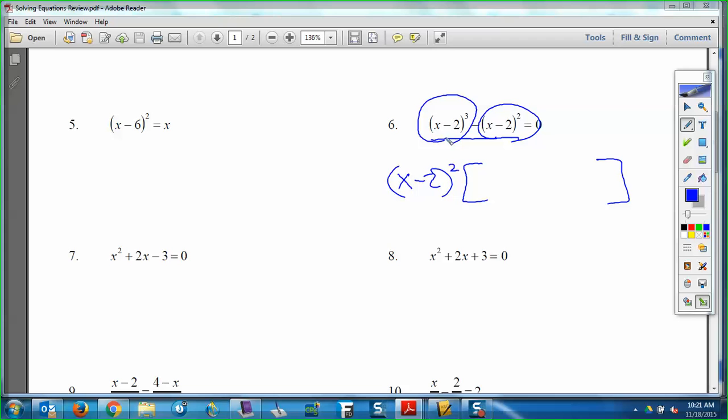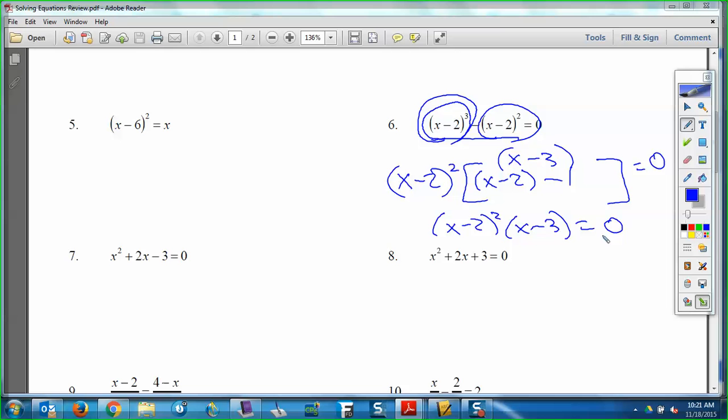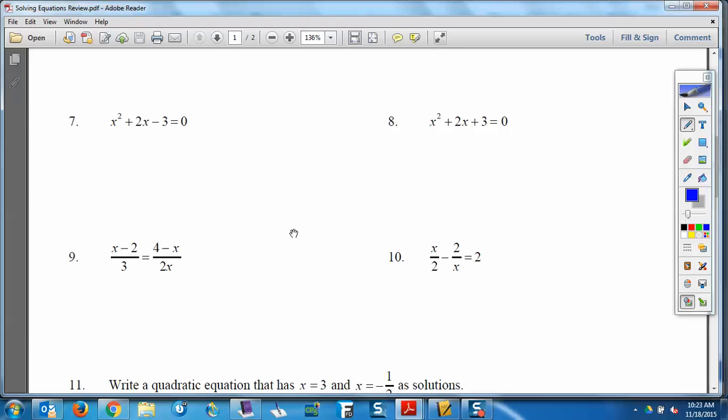If I take out an x minus 2 squared, what am I left with? x minus 2 to the first minus 1, which would be x minus 3. So this turns into x minus 2 squared times x minus 3 equals 0. Those are some tricks we'll see from time to time.